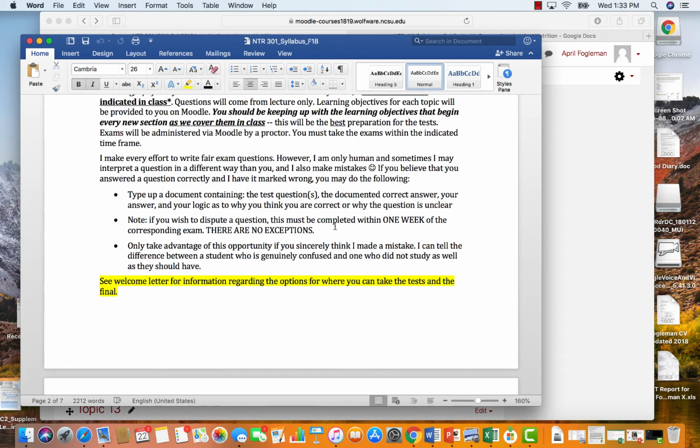Also, a lot of times through this process, it becomes clear to me that students are not watching the lectures. So it's pretty obvious if you dispute a question and you have not watched the lecture, or you studied using Google to answer the learning objectives instead of watching the lectures and getting the information from the lectures and the notes.